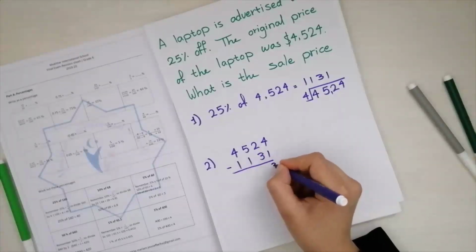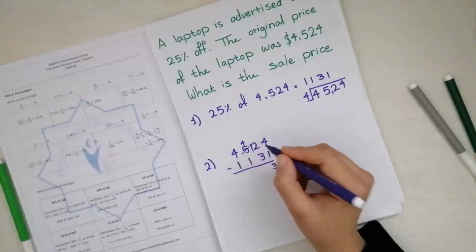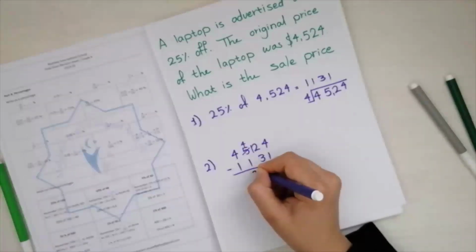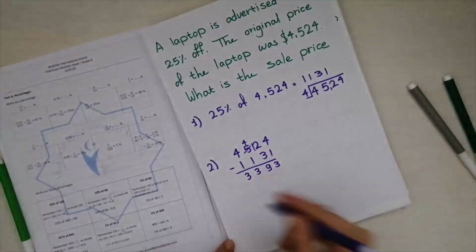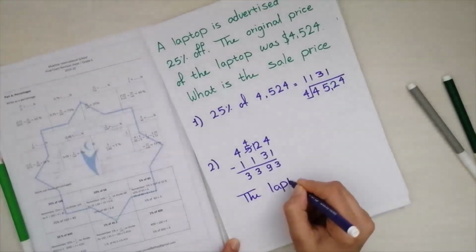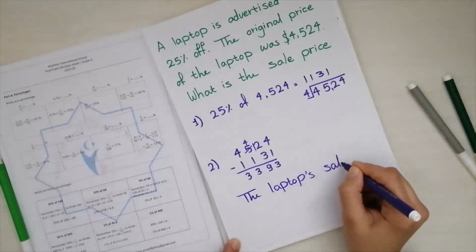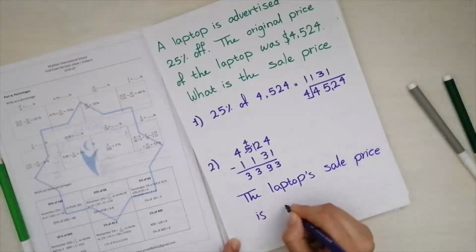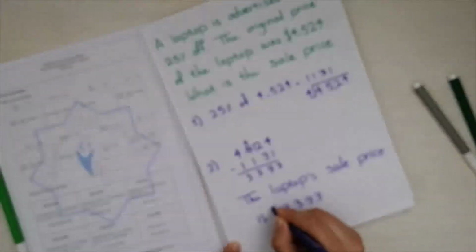Four minus 1 is 3. 2 minus 3 cannot be, so this will be 4, and 2 will be 12. 12 minus 3 is 9. 4 minus 1 is 3, and 4 minus 1 is 3. So the laptop sale price is $3,393.